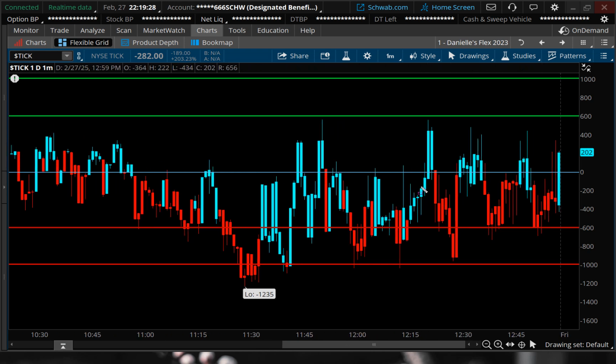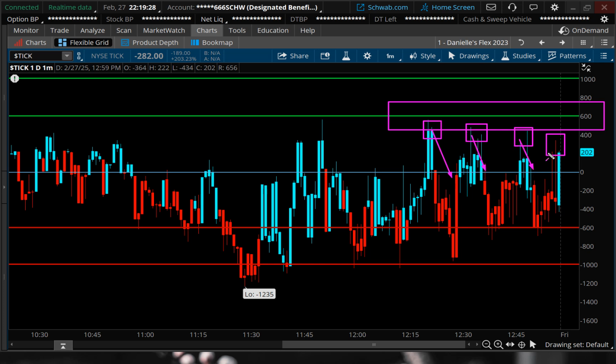A lack of buying is when the ticks cannot get above plus 600. Basically, nobody's making an effort. There are some wicks here. Some buyers tried to come in, but it just did a womp womp move, and every time the buyers just rolled over and died.